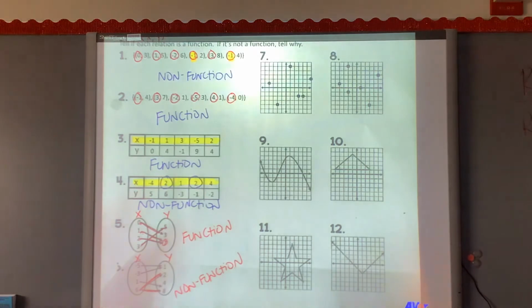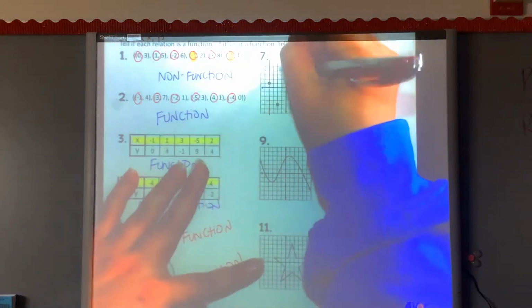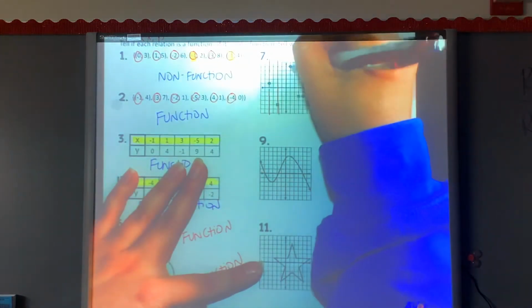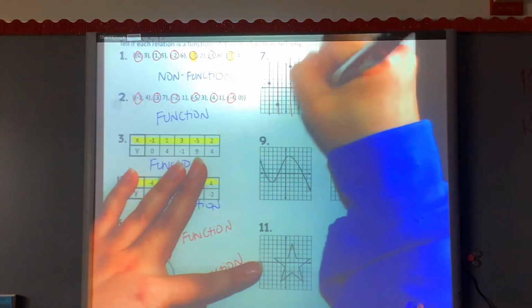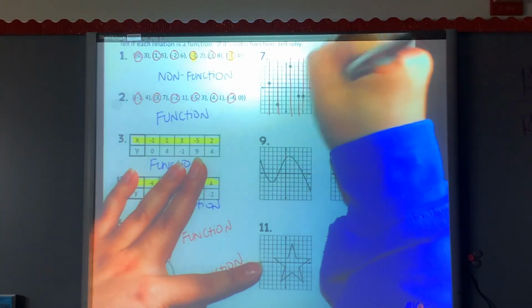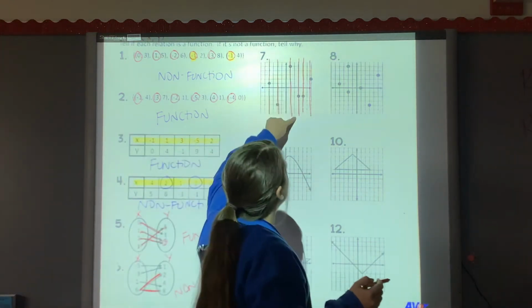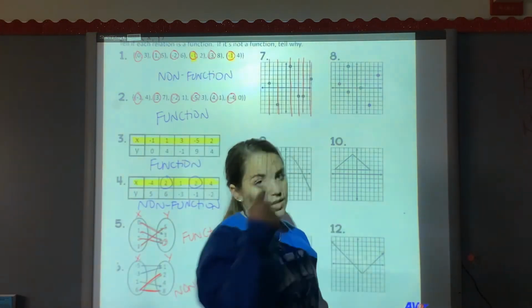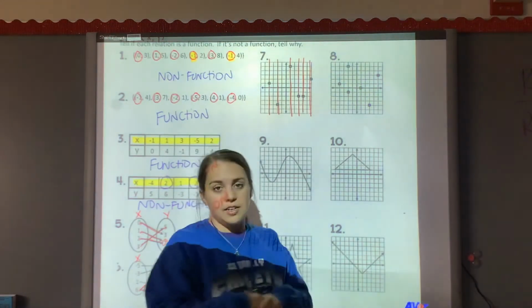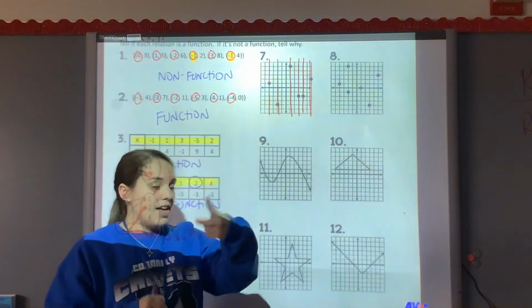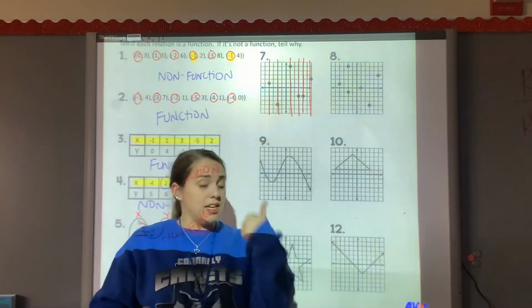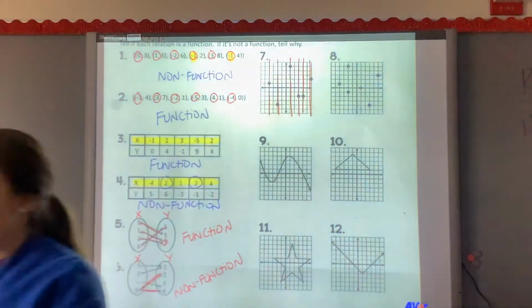If we ever draw a vertical line and it touches coordinates more than one time, wherever it is, then it's not a function. I'm testing all these coordinates to see that none of those vertical lines that I just drew ever touches more than one dot. Since it doesn't touch anything besides one dot, that means the x's did not repeat. That's a good thing. This is a function.